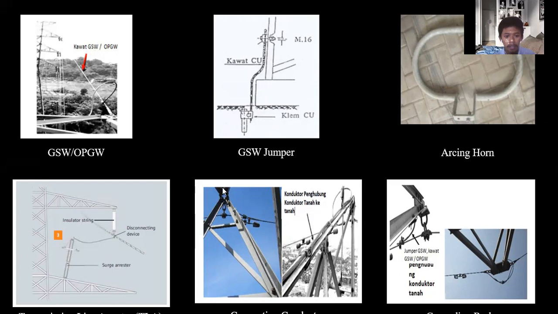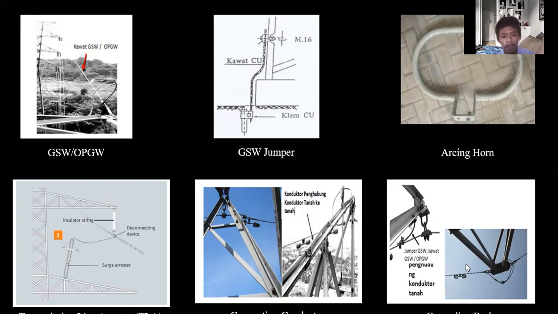This connecting conductor acts as a running medium of lightning surge with a lower inductance value than the tower, so that lightning current from the ground wire and tower of SUTT can be directly channeled to the ground. Number six, grounding routes.